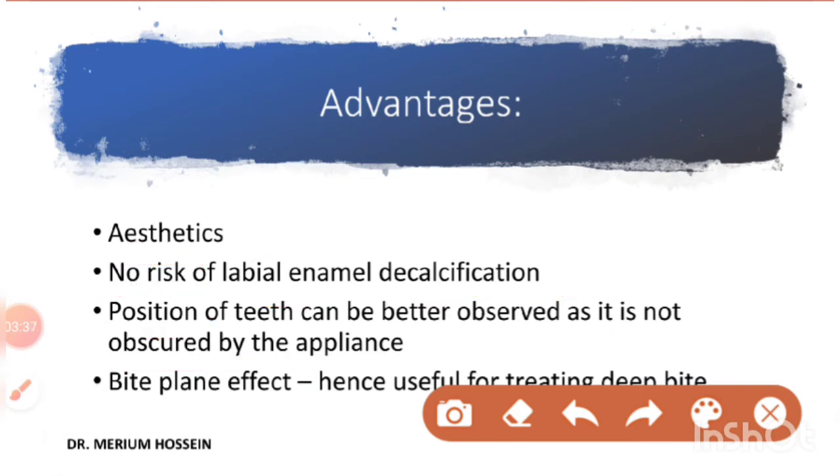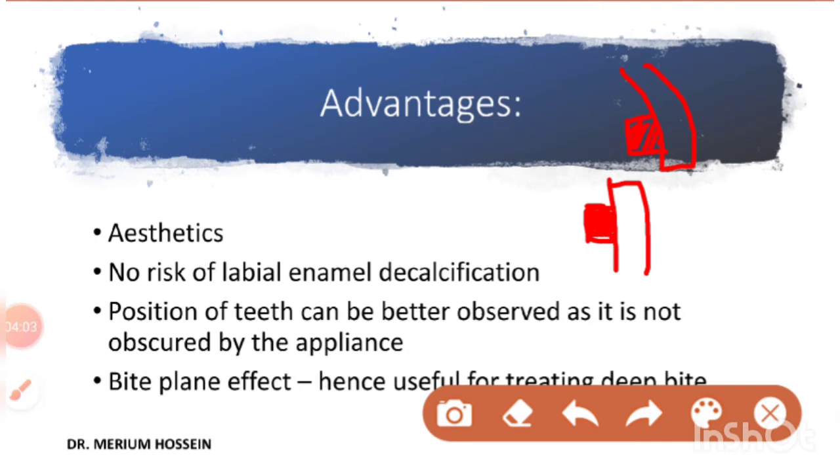So for example, while looking from the proximal side, imagine this is the upper central incisor and this is the lower central incisor, and here we've bonded a bracket onto the palatal surface of the central incisor, and here we've bonded a bracket onto the lingual surface, as we're talking about lingual orthodontics.